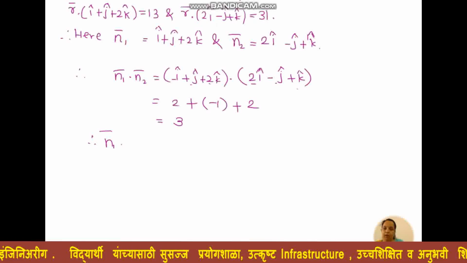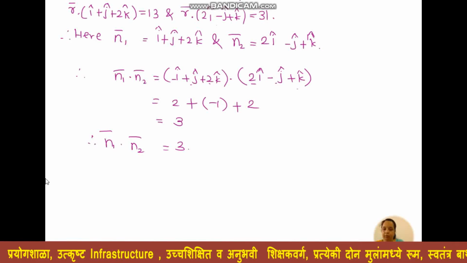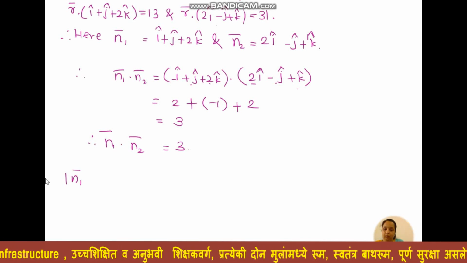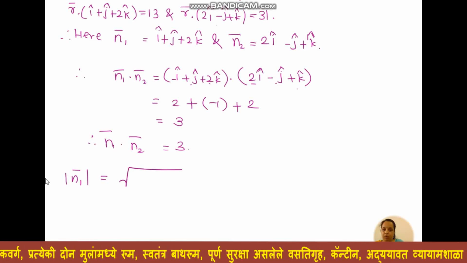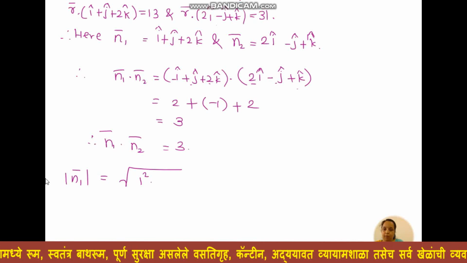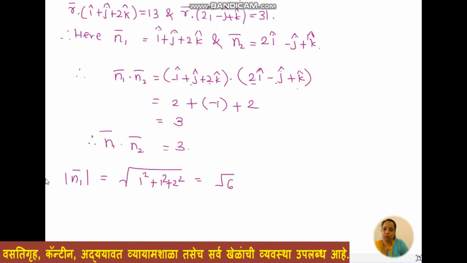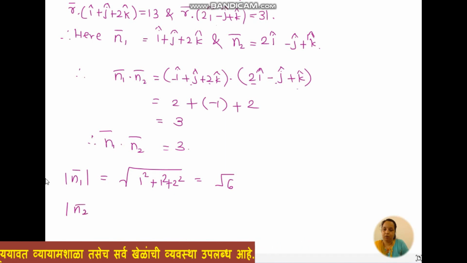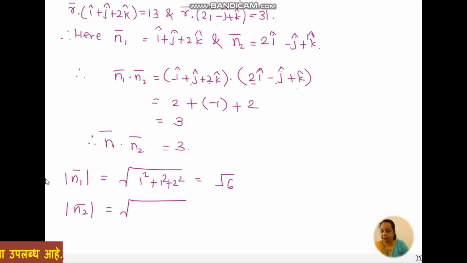Therefore n1 bar dot n2 bar is equal to 3. Now the magnitude of n1 bar is equal to square root of 1 square plus 1 square plus 2 square, which is equal to square root of 6. The magnitude of n2 bar is equal to square root of 2 square plus 1 square plus 1 square, which is equal to root 6.